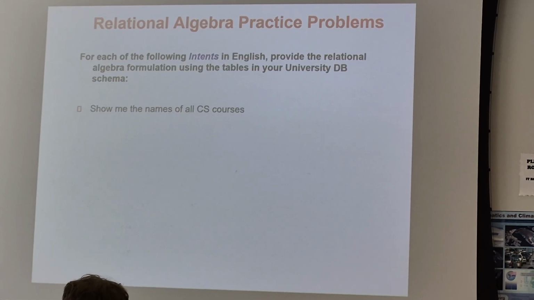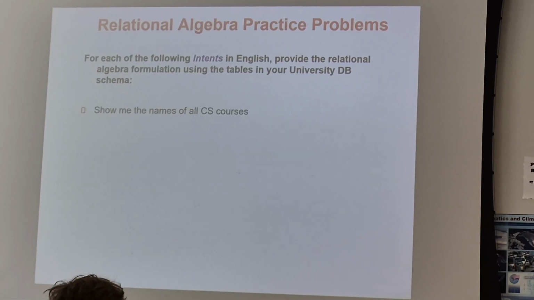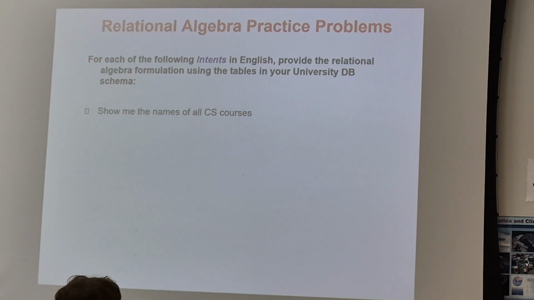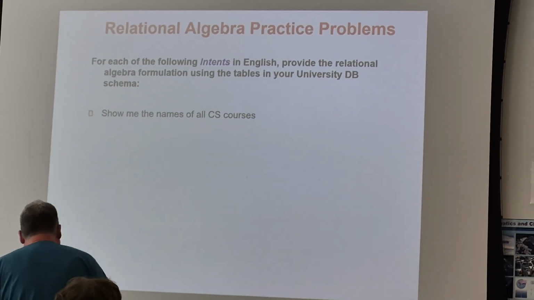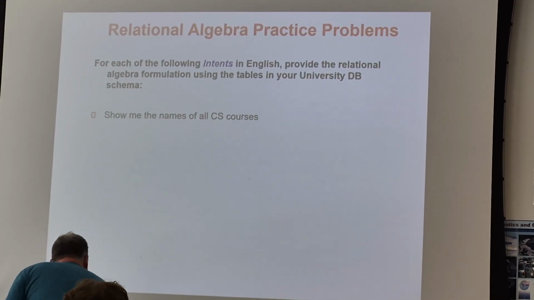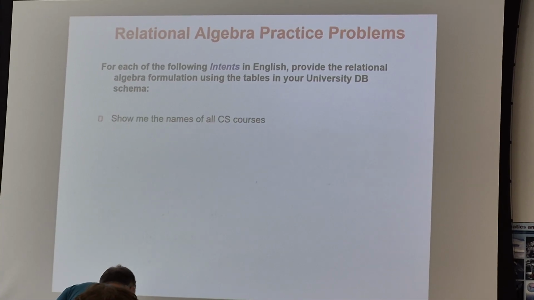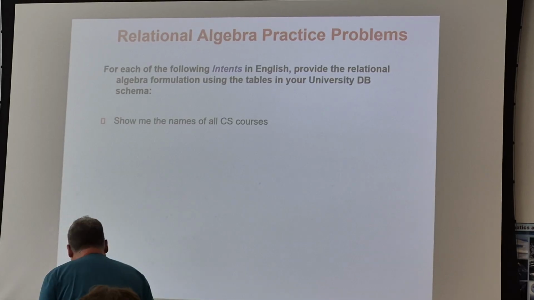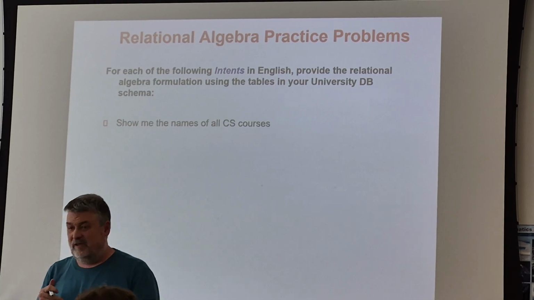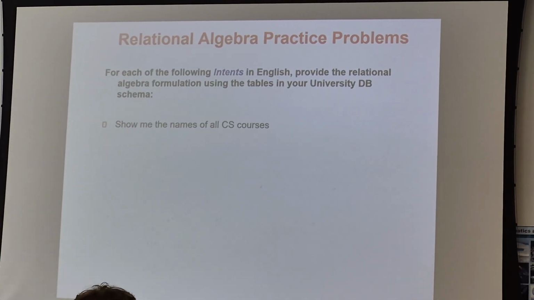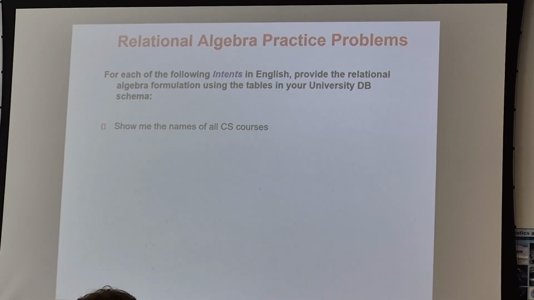So we want to use that sigma character, that selection operator. And so select from courses. Course is the actual name of the table. And that's going to grab all of the data from the course table, all of the rows. And that's not what Dalton wants.